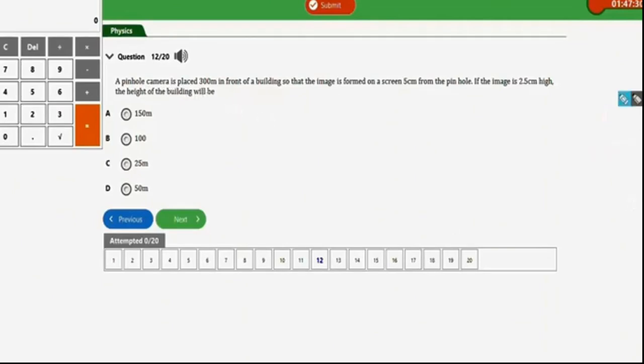Alright, so for this question, we are going to make use of this formula: image distance over object distance, this is v over u, equals image height over object height. So we are looking for the object height, right?